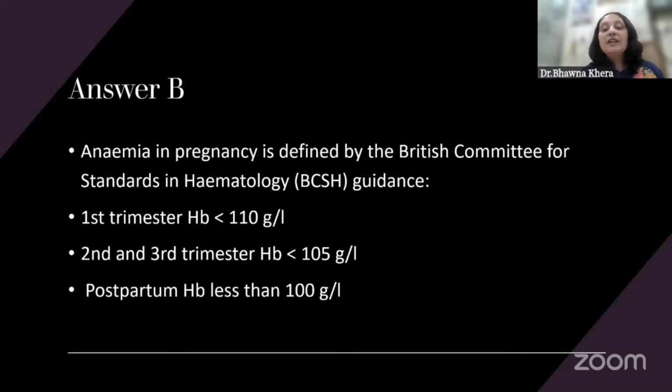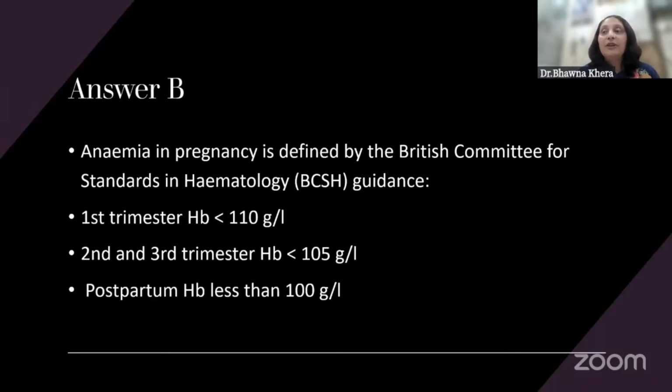Anemia in pregnancy is defined by the British Committee for Standards in Haematology guidance. First trimester, it is hemoglobin level less than 110. Second and third trimester, it is less than 105.